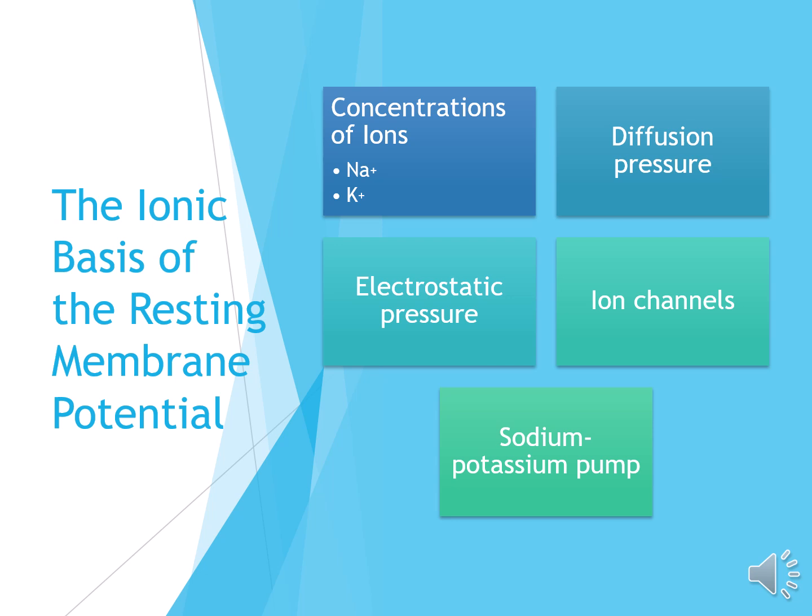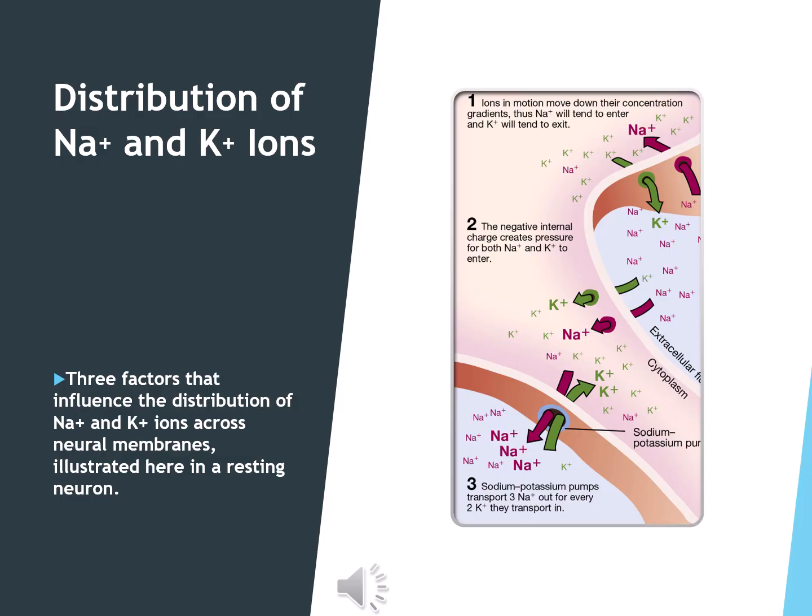This occurs at a ratio of 3 Na+ ions moved out for every 2 K+ ions moved in. So there's a loss of 1 positive charge every time the pump is activated.